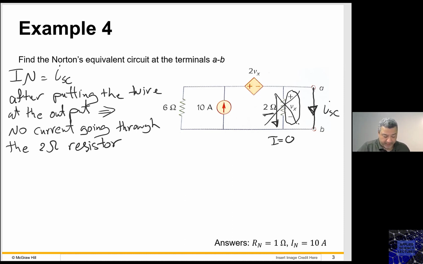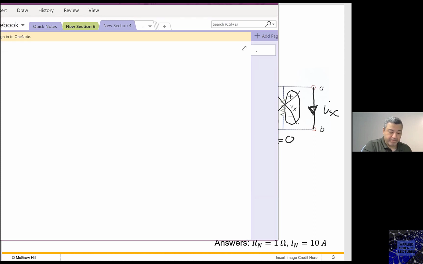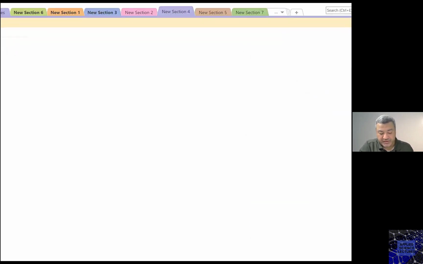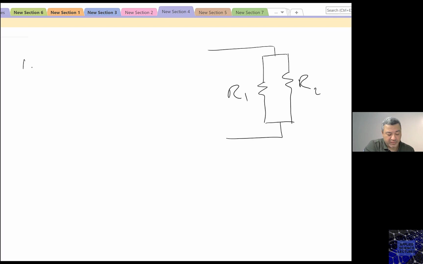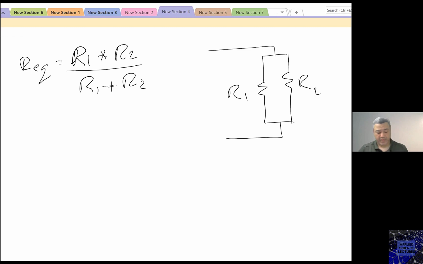Remember, if you have two resistors that are connected in parallel, R1 and R2, the relationship we said, R equivalent for those two resistors, is R1 times R2 divided by R1 plus R2, right?